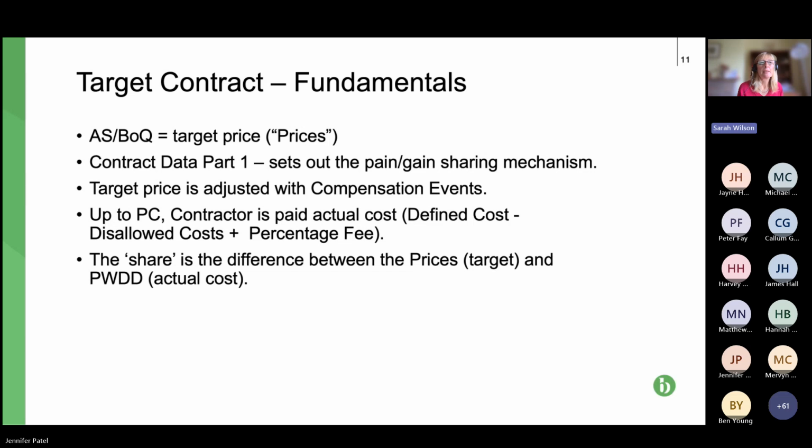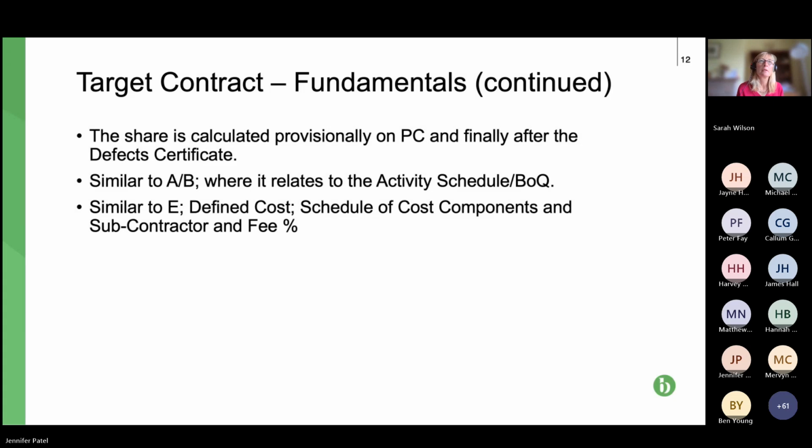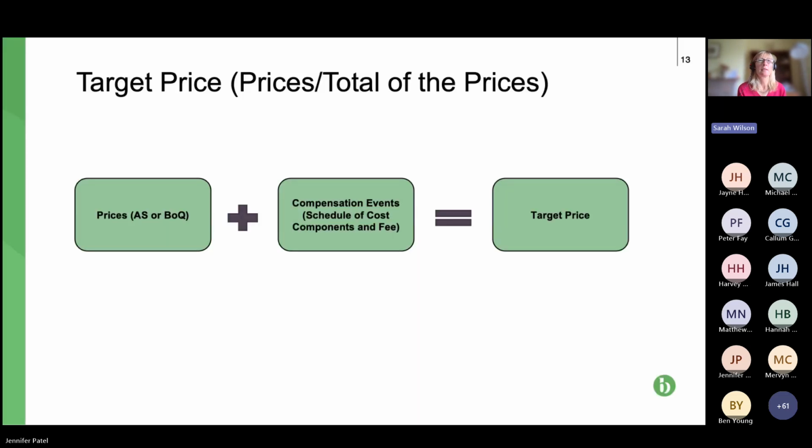So the pain gain share is the difference between the prices, which is what the target is called in NEC, and the price for work done to date. So that is that actual cost as the work goes on. So if we can move to the next slide, please, Jen. Yes, we've covered all that, so we can move to the next slide.